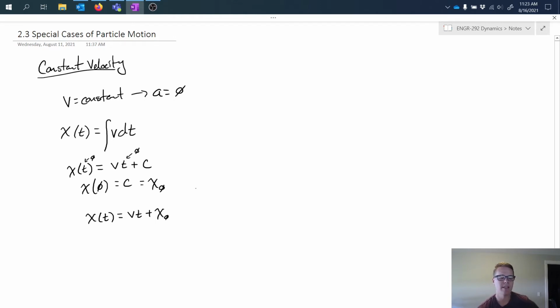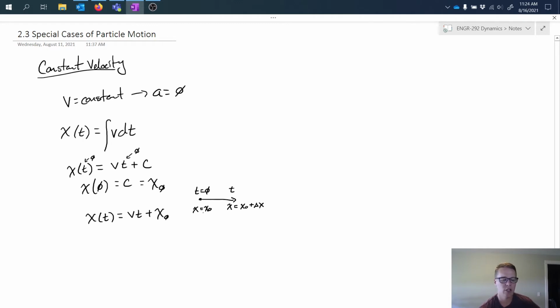And this should kind of make sense from what we've talked about before when we introduced 1D particle kinematics: if we have a particle moving from one point to another, starting at time t equals 0 to some new time t, we would have some x equals x naught, and our new x is equal to x naught plus whatever x has changed by, right?